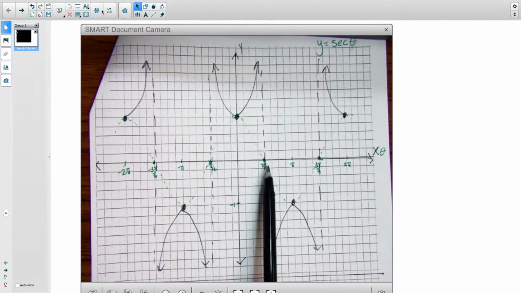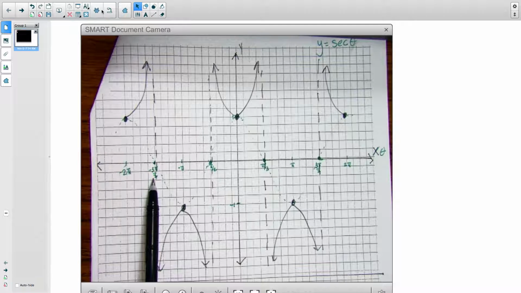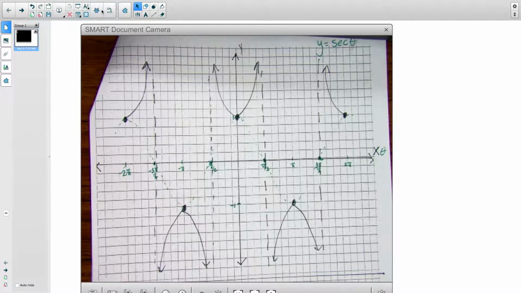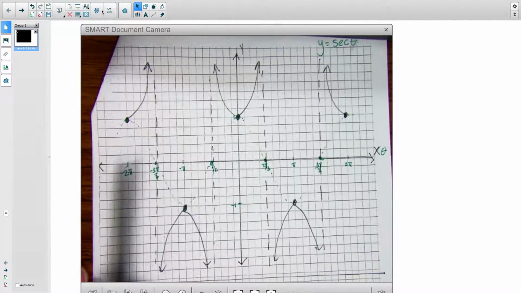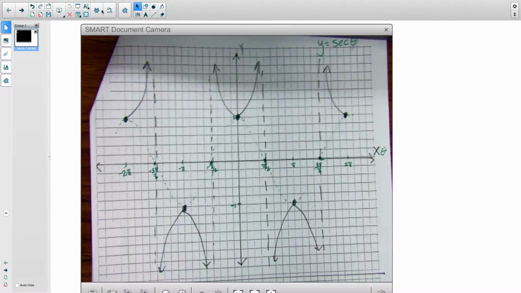It has a domain of all reals except x can't be pi over 2, 3 pi over 2, negative pi over 2, negative 3 pi over 2. What's its range? It's all real numbers except for all numbers between 1 and -1. All right, questions there?